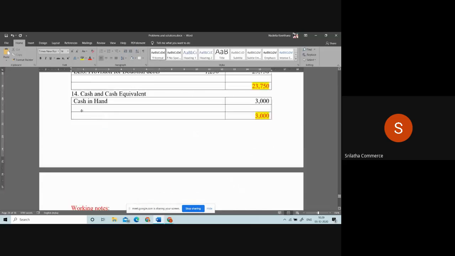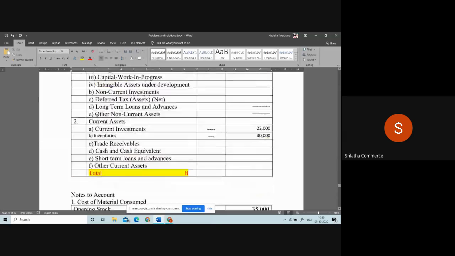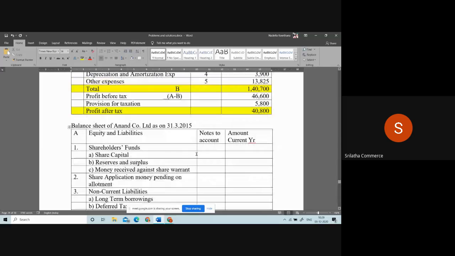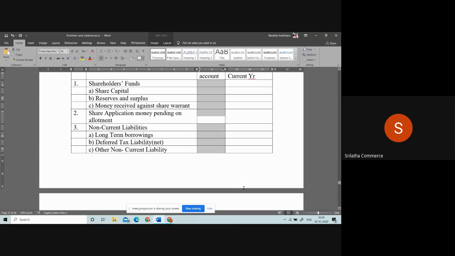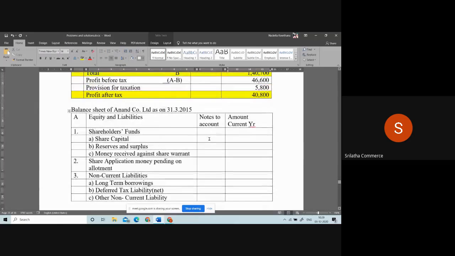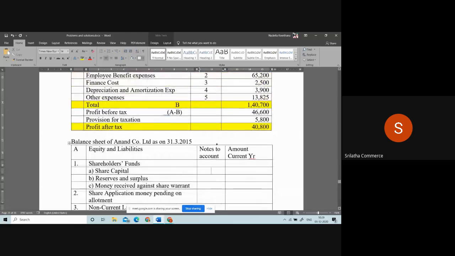Now you tell me the totals. Share capital, number 6. Tell me the amount. 1 lakh. Reserves and surplus, 7.